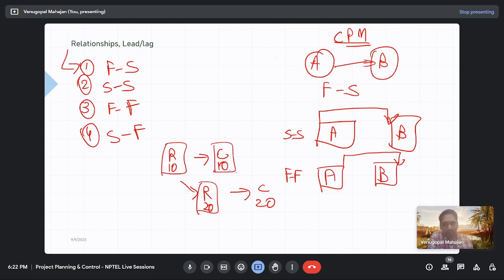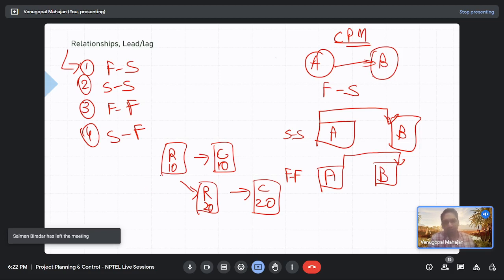Now the same activity you had to split into two, or if you had gone for more distribution, like say just 5 beams, you are placing the reinforcement and concreting for those 5 beams, that would have been a different thing, right?